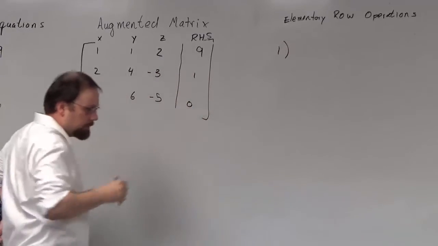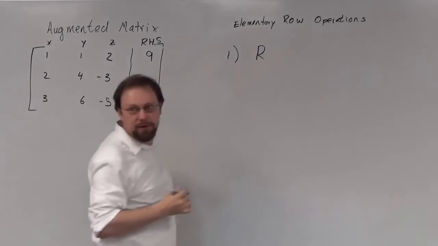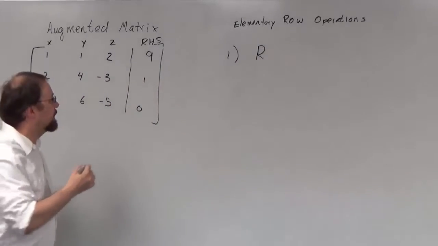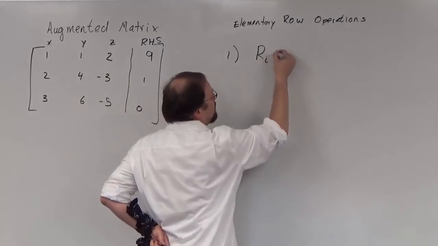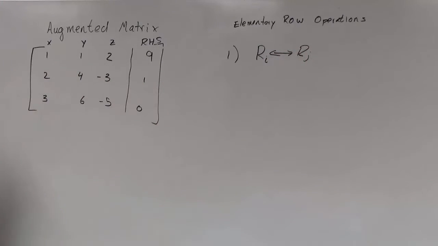And the first one, we should be able to justify to our friends why these are allowed. It's pretty simple, right? It says exchange 2 rows. And of course, that's just rewriting the system where the equations are written in a different order. So clearly, that won't change the solution to the original system, right?